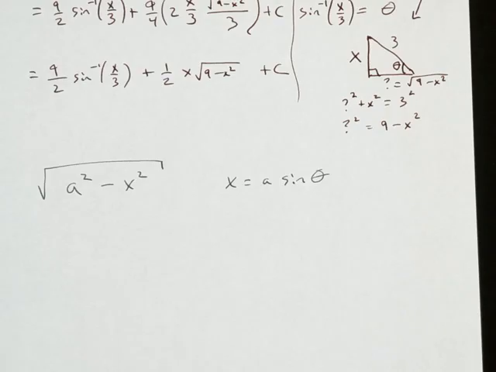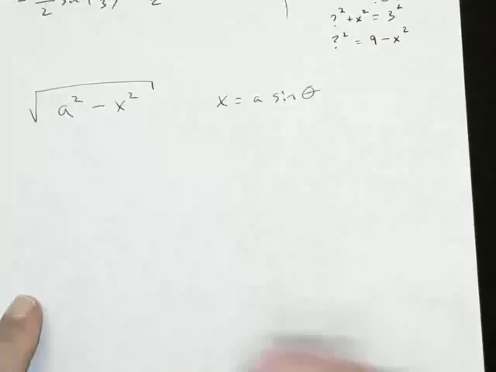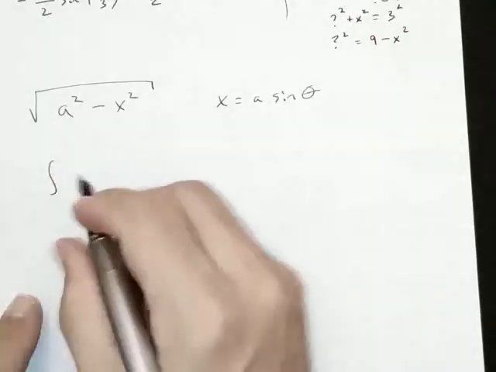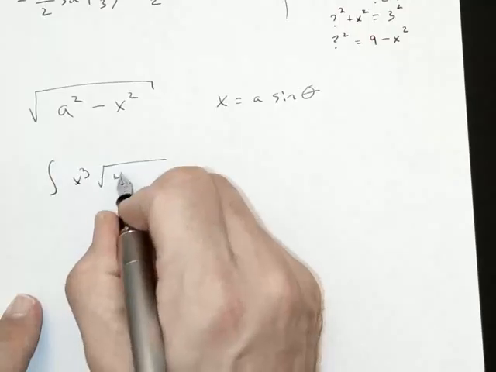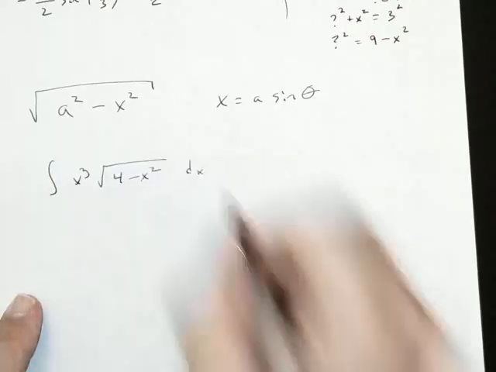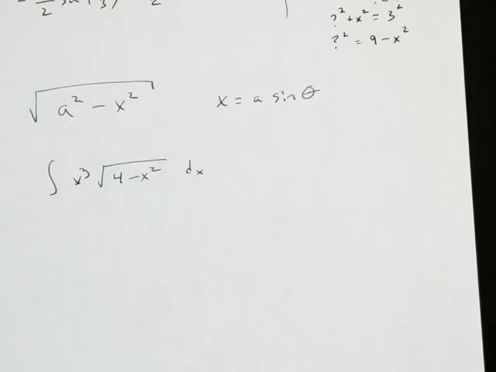I stole the following problem directly from the textbook. And when I first saw this problem, I said, oh, look, square root of a squared minus x squared. Let's do the problem with the trig substitution.